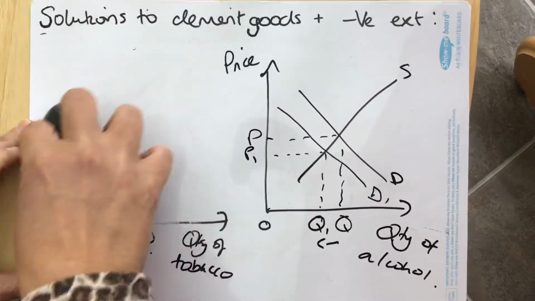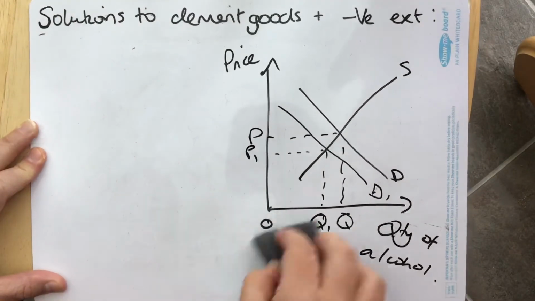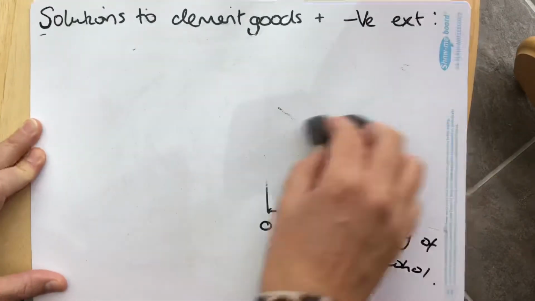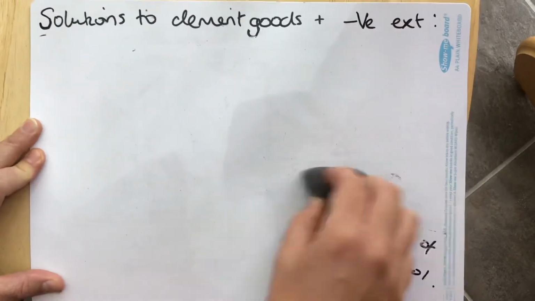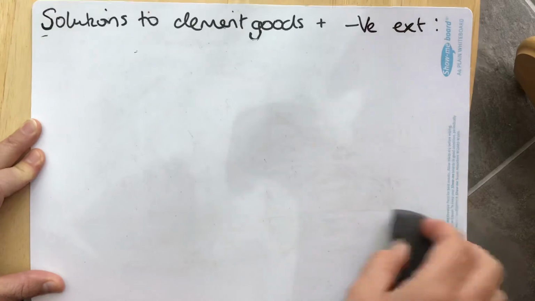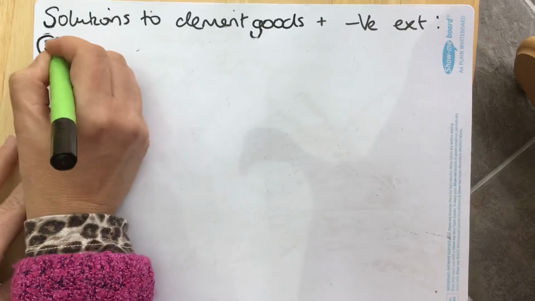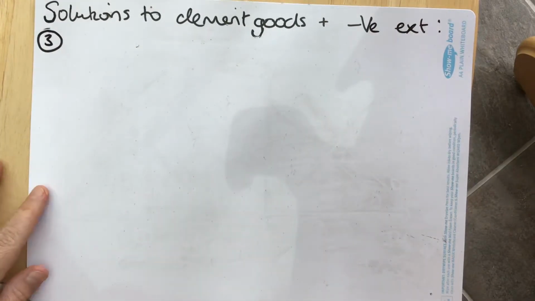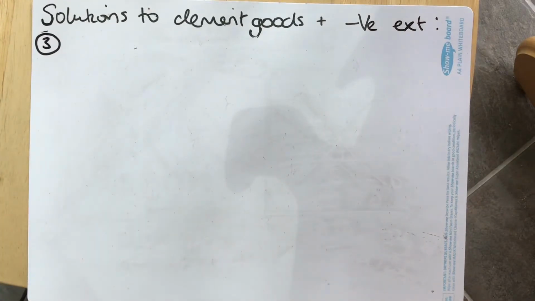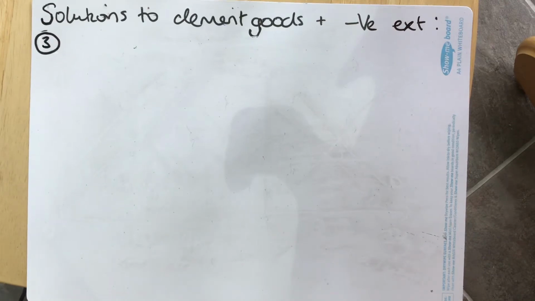If we look now at what the diagrams are like for solution number three, we are on to price controls. For price controls, I asked you to look at the impact of a minimum price for alcohol using Scotland as a good example, because that's somewhere that fairly recently has had that minimum price for alcohol introduced, so there's lots of newspaper articles about it.